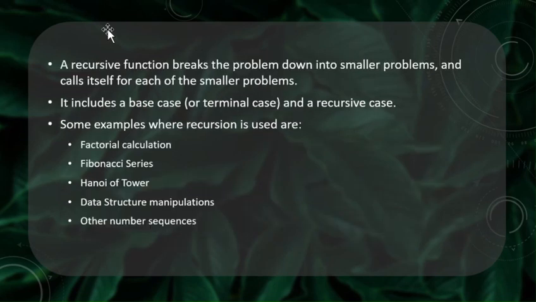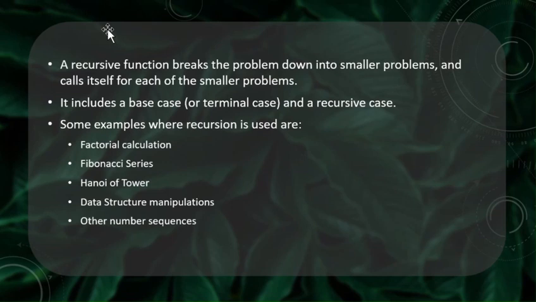And yeah, it can be simplified into two parts. That is the base case, which is the problem that we know the answer to or that can be solved without any more recursive calls. In simple words, they are basically the initial conditions of our problem.